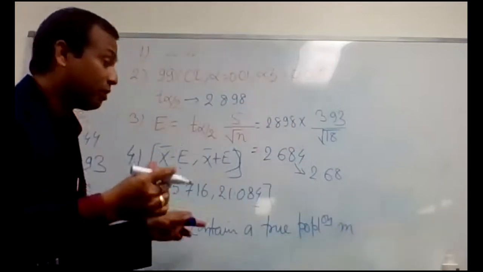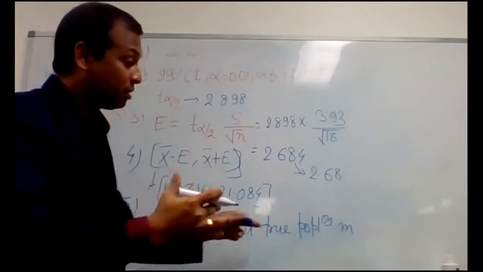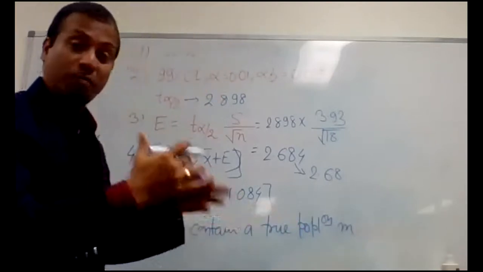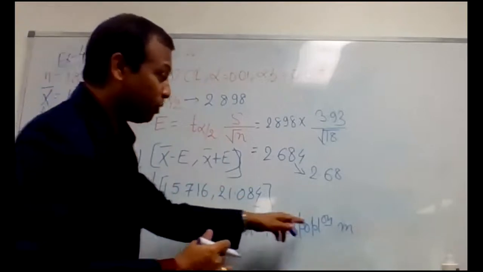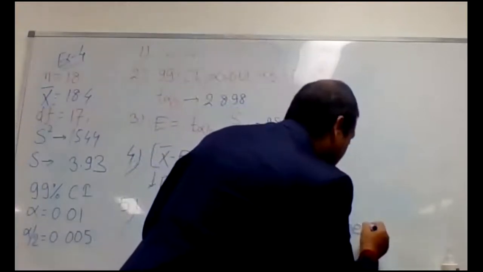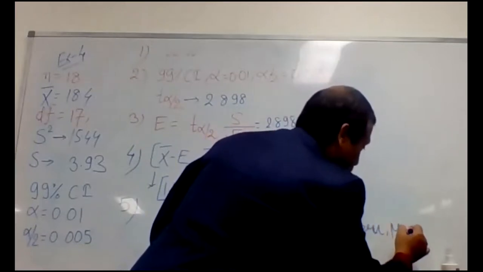With the finding of sample statistics, we are trying to generalize something about the population mean. So this interval does contain the true population mean. You know how to denote that? Mu.